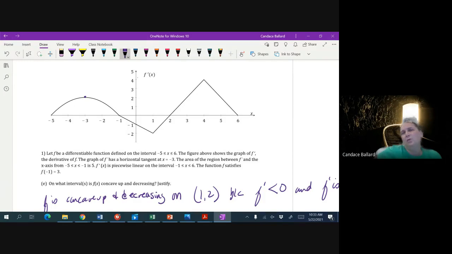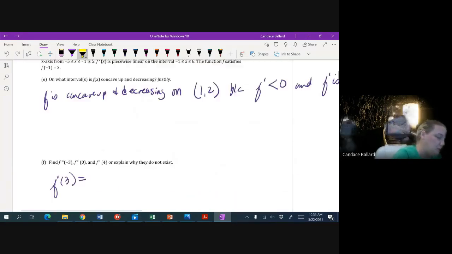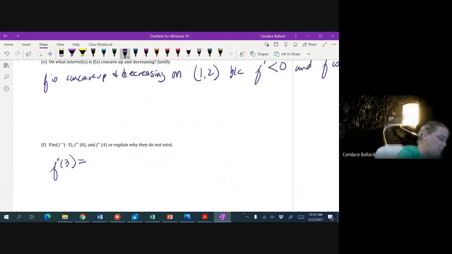What words in the stem are going to help me? Ah, it says right in the middle of the stem that there's a horizontal tangent. It had to be important somewhere, right? That was our indicator that we had a 0 slope there. So we know that that one is going to be equal to 0.